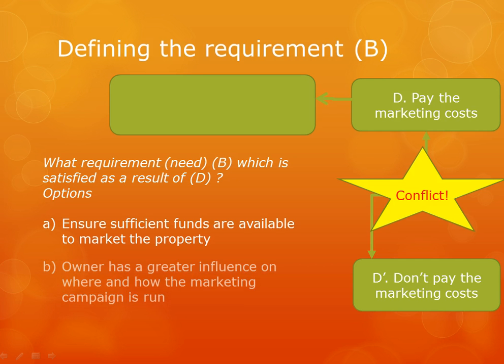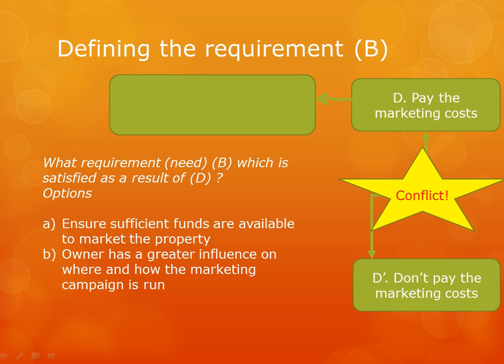That's one option. The second is the owner has a greater influence on where and how the marketing campaign is run. Or C, maximise house owner returns.